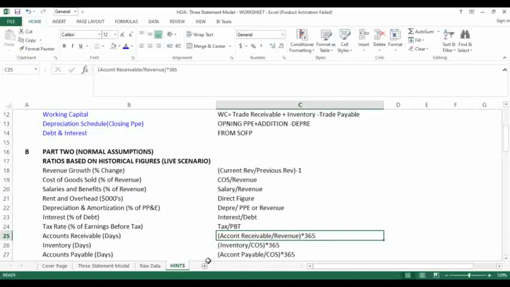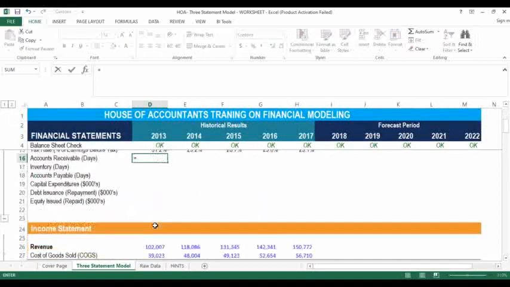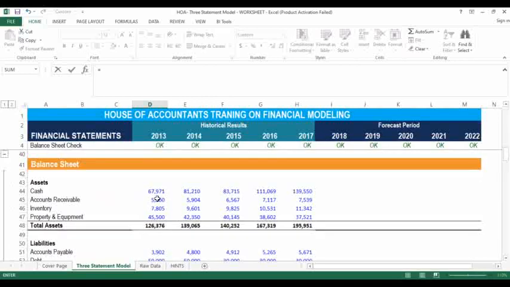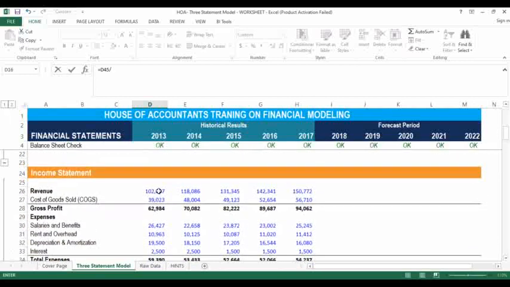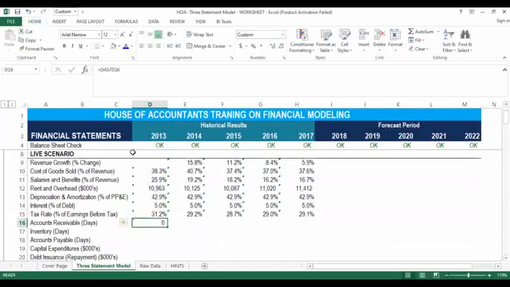So account receivable over revenue. So account receivable will be here and divided by revenue, which is this. So that will not be what you are looking for.